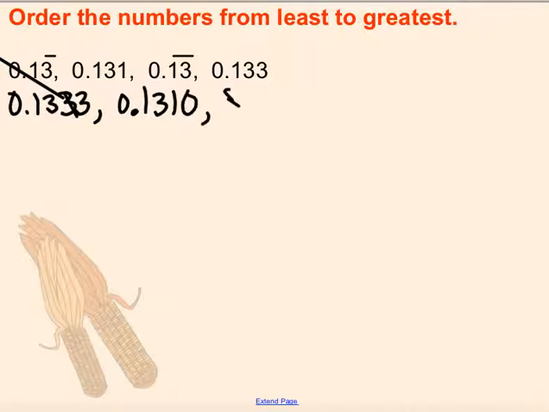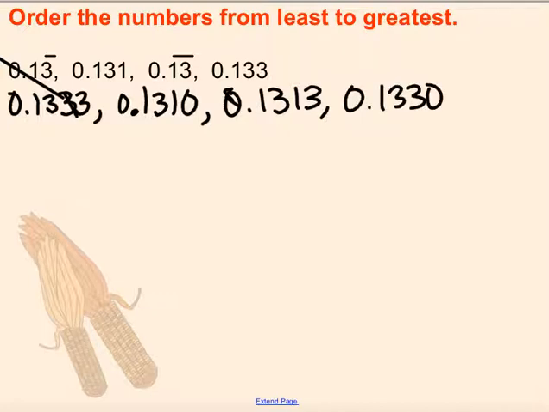And then I have 0.1313, and I could go on, but then I have 0.1330. So if I were to look at all of these with their 4 decimal places, I could say, what's my smallest? Well, that would be my 0.1310. It's like having 1,310.